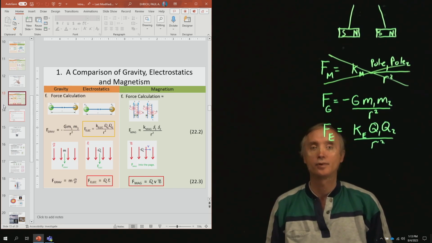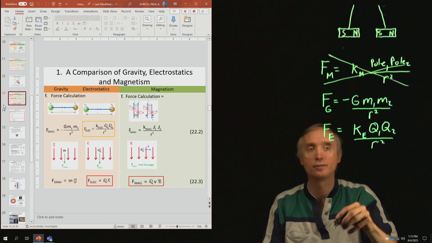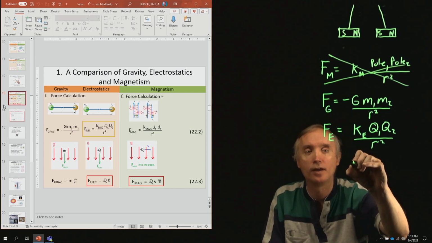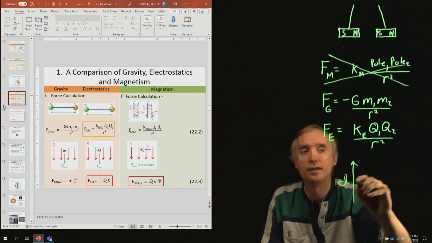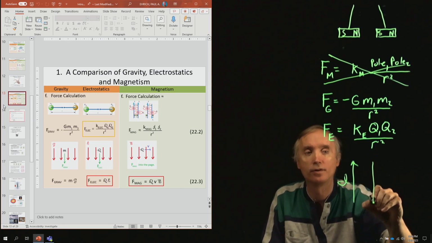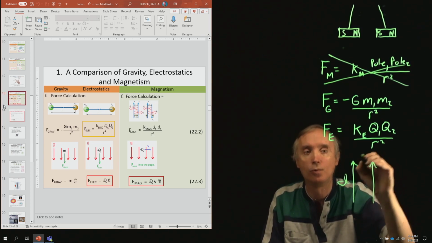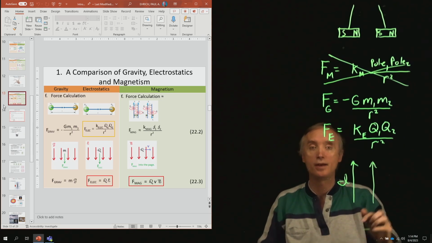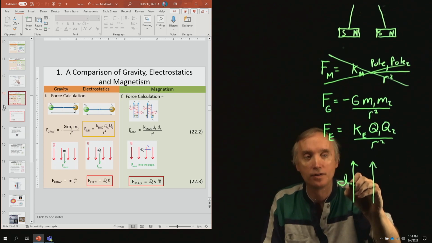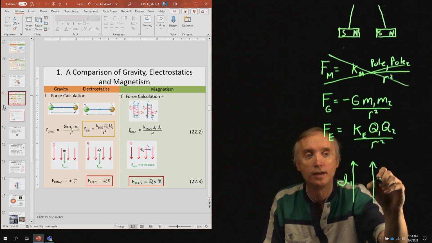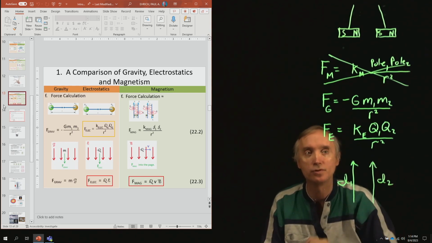But then you remember from the previous segment that if you have a current carrying wire and then you put it next to another current carrying wire, then they would be attracted to each other. So let's call this one current number 1, and then this one over here can be current number 2.